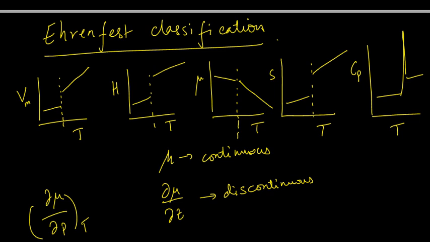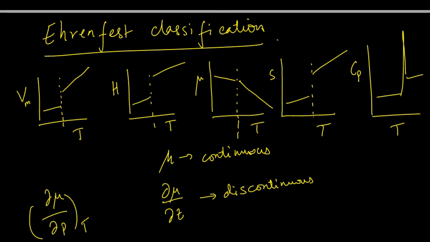Whenever there is a phase transition, the two phases are at equilibrium with each other. If they are at equilibrium, dG is 0. Chemical potential is nothing but the molar Gibbs free energy for a single component system, so it could be T or P. That's what we have seen.